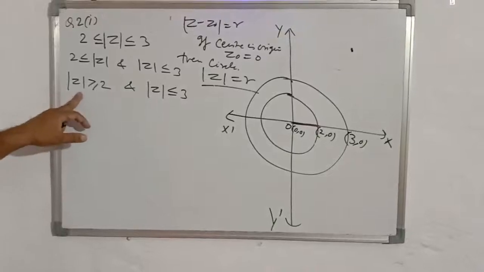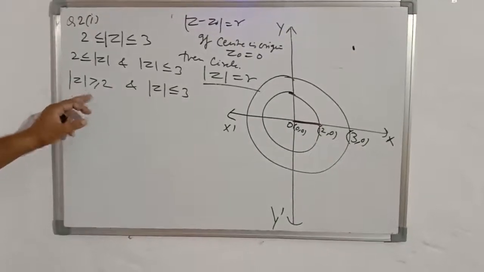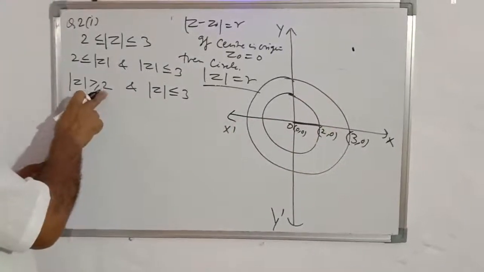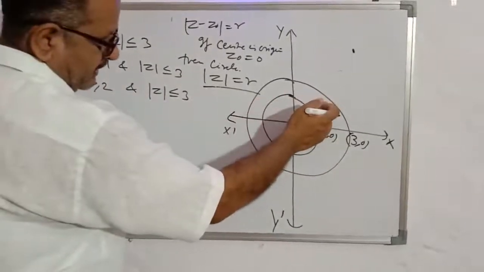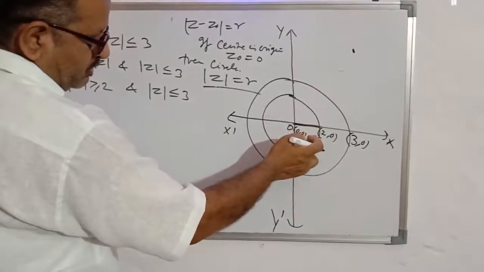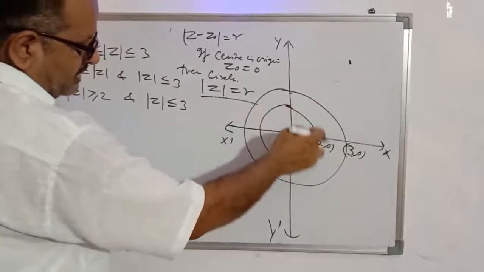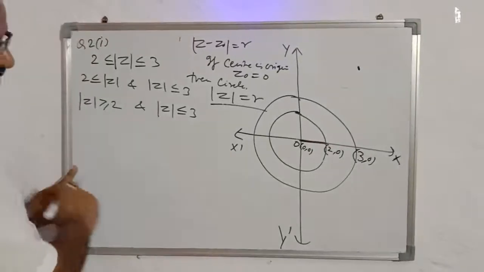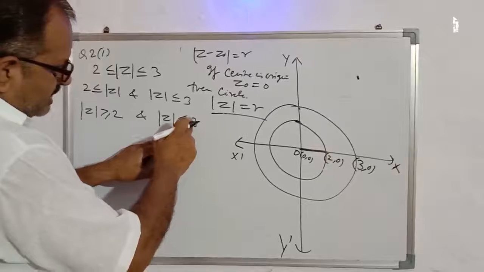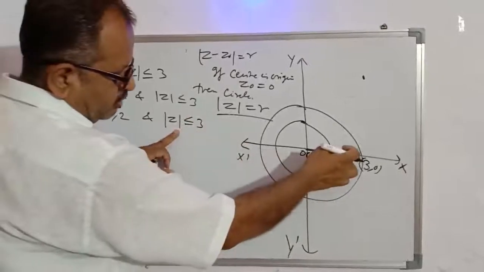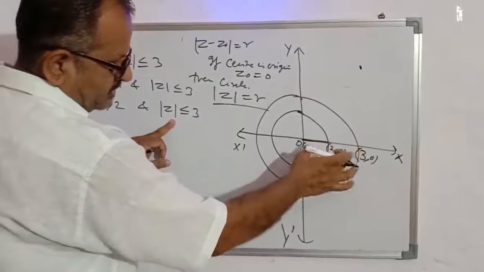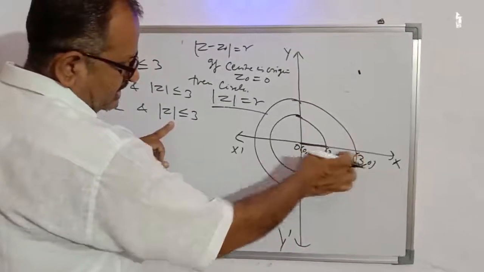So the first inequation represents all those points lying outside the circle, greater than 2, outside the circle with center origin and radius 2 units. Also the points on the circumference, because the equal sign is there. And the second inequation, |z| less or equal to 3, represents all those points which lie inside the circle with center origin and radius 3 units.